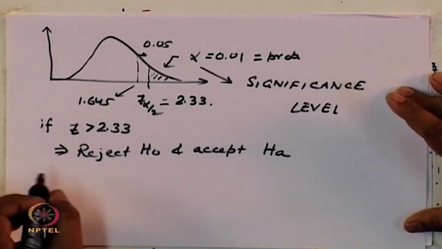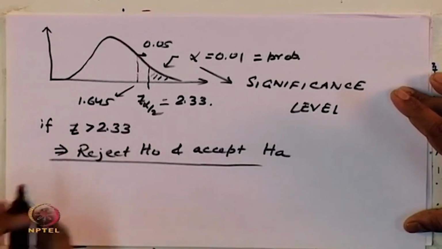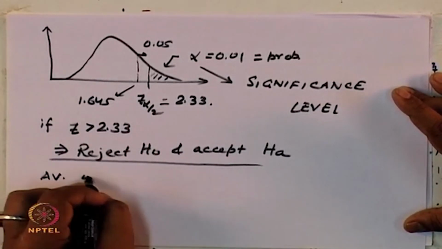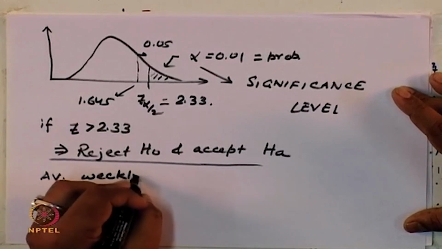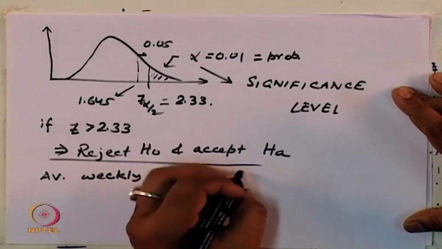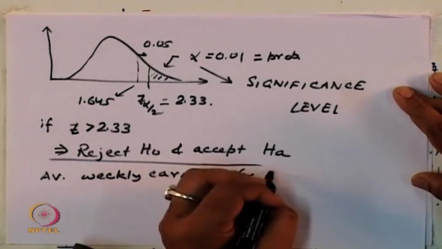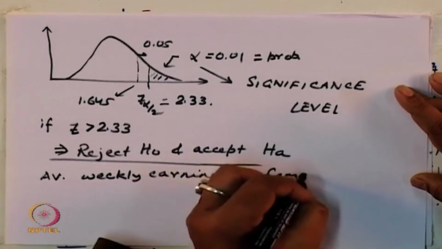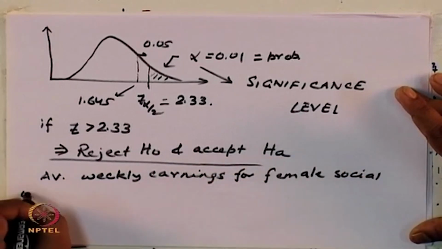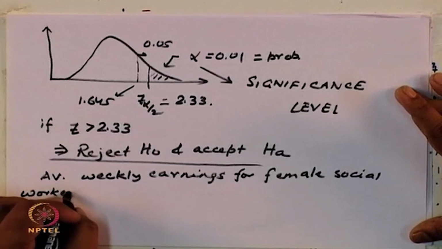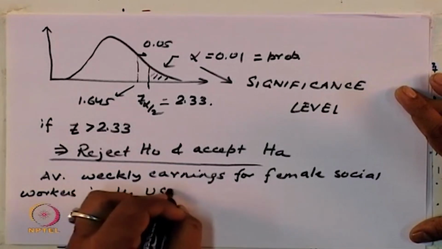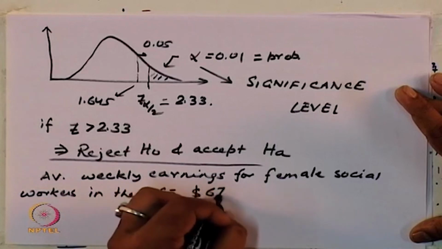Let us take an example. The average weekly earnings for female social workers in the US is equal to $670.